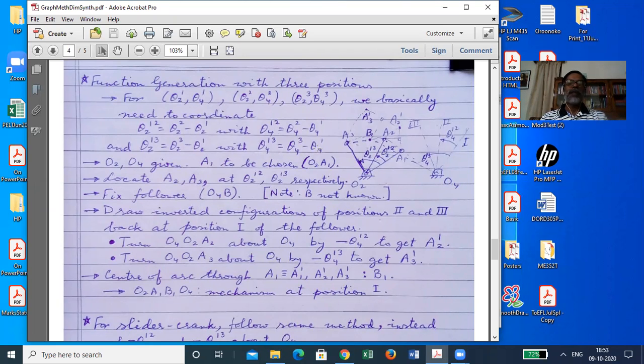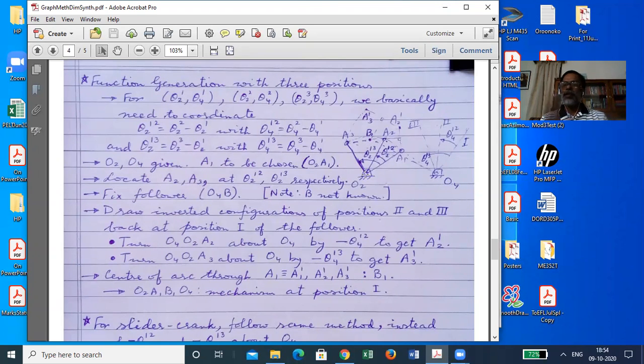So draw inverted configurations of positions 2 and 3 back at position 1 of the follower. For that, what you need to do, the rest of the mechanism O4, O2, A2, take it and turn it about O4.